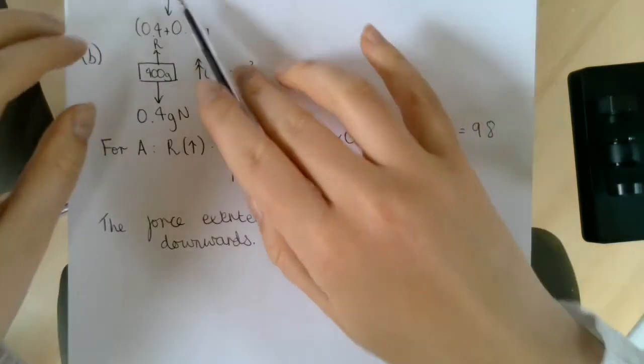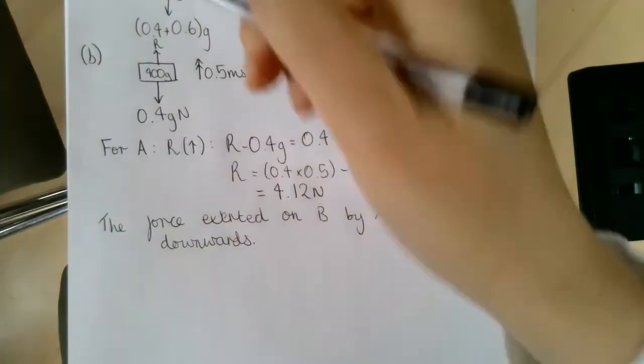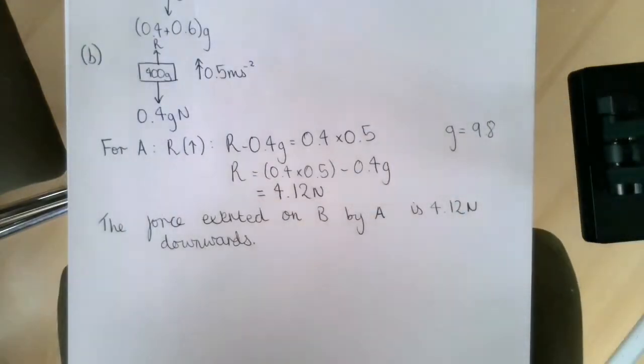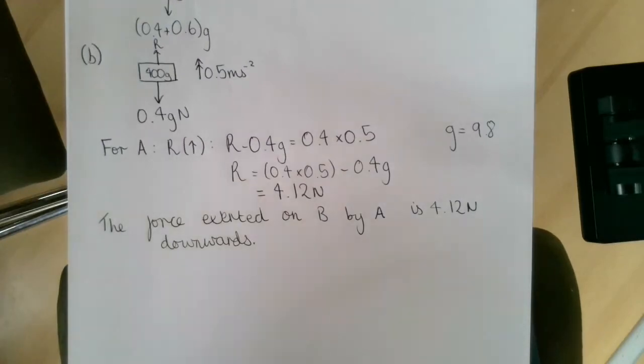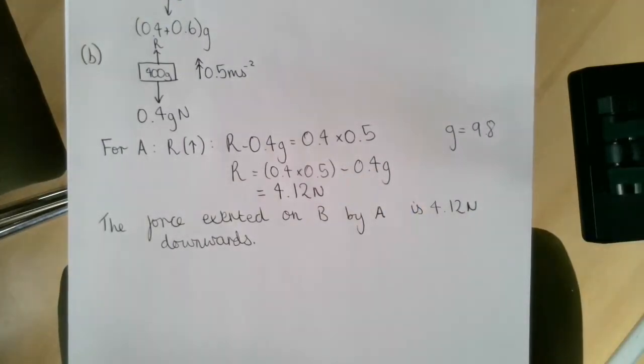So we found out the normal contact force, the force B has on A, and then we know that our forces are opposite and equal to say that the force exerted on B by A must be equal and opposite. So we've got 4.12 newtons but in the opposite direction.